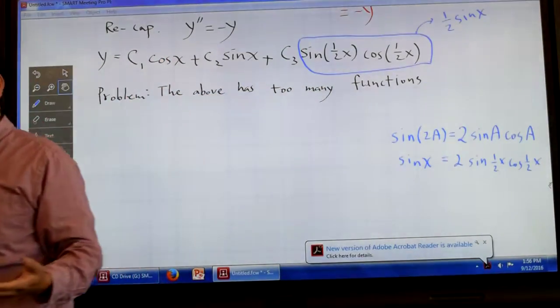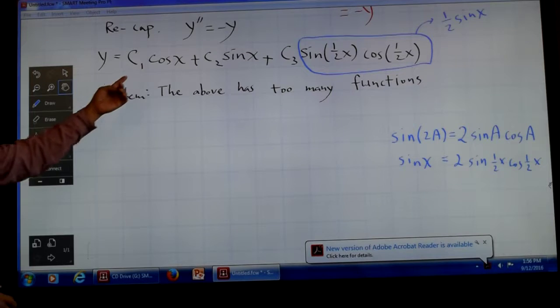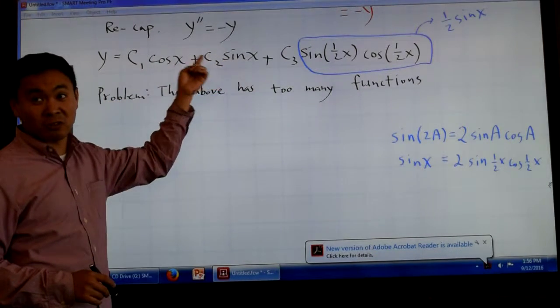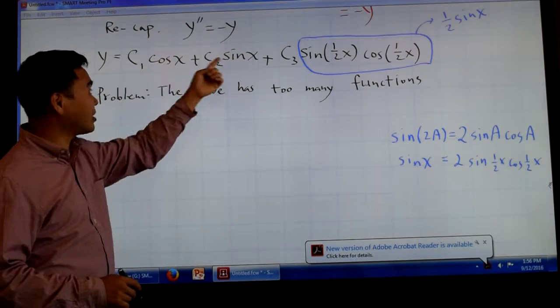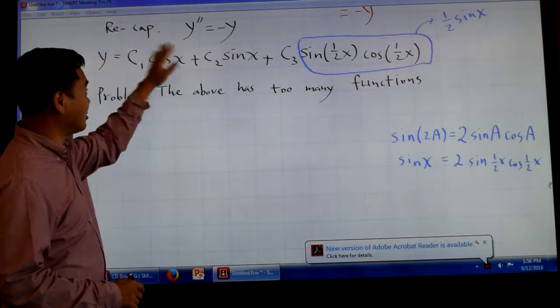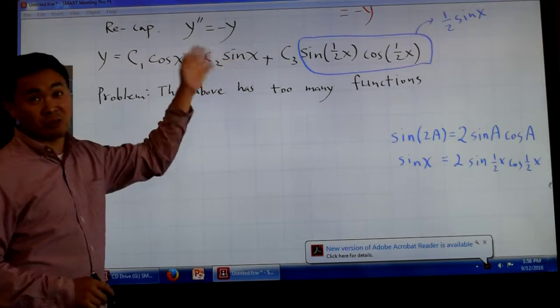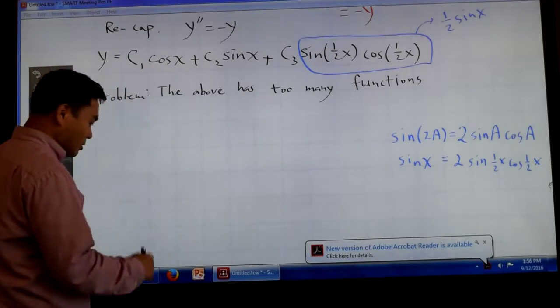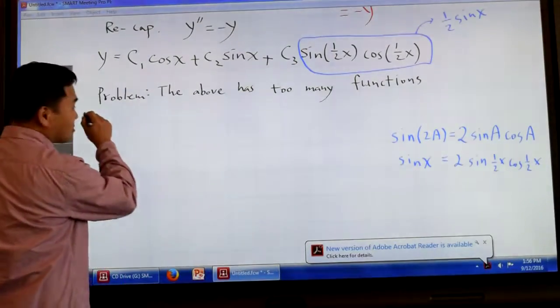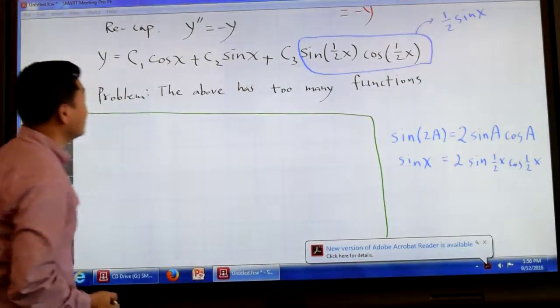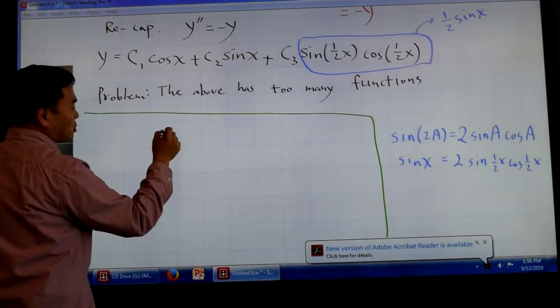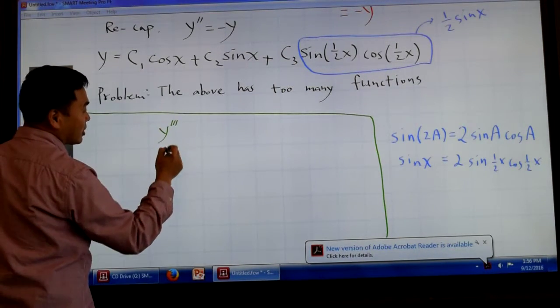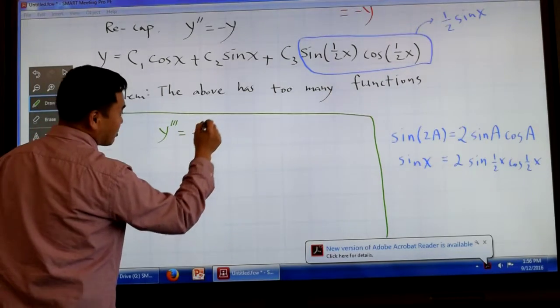Well, that kind of makes sense because the mathematical theory already justifies that since cosine and sine are totally different functions, this will be the general solution. But here's what can happen in a more serious way. What if your differential equation was y triple prime equals negative y prime?